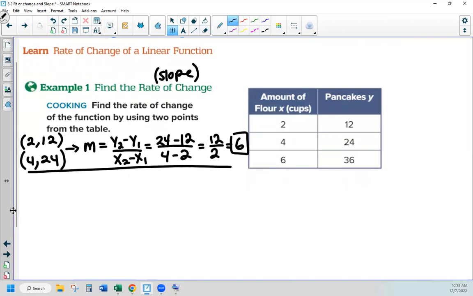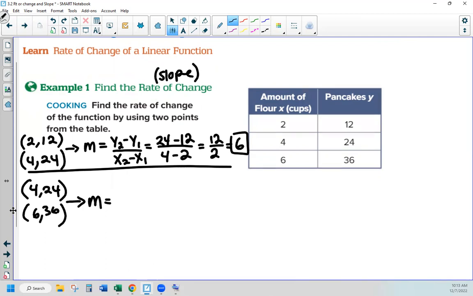Let's look at (4, 24). I'm going to call that now my first point, so that's my x1, y1. And let's look at (6, 36). I want to do this so I understand that it does make the same slope. It's the same line, so it should have the same slope, right?